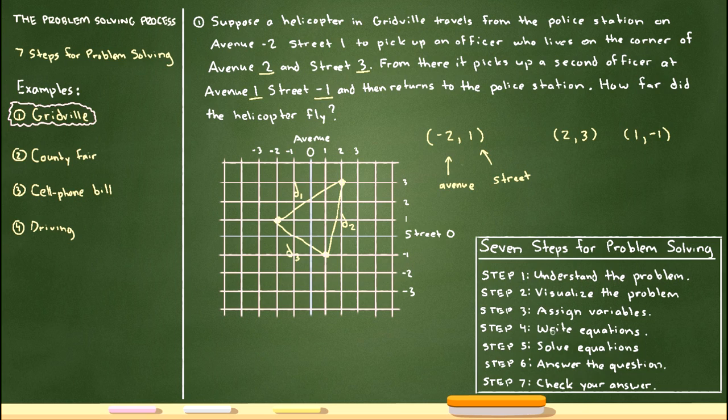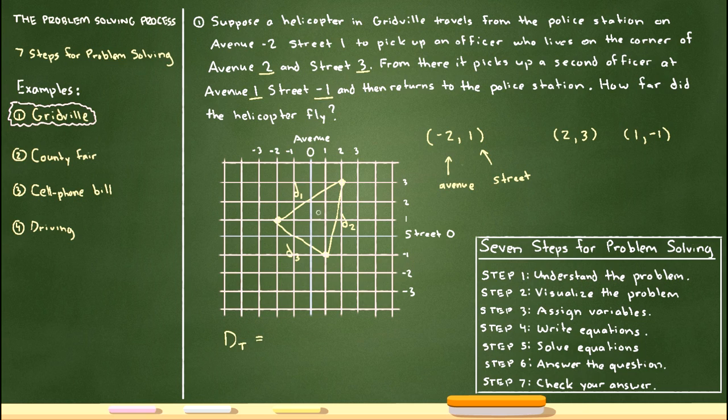Step 4 is we want to go ahead and write equations. Could we write an equation that relates to what we're trying to find? Well, perhaps I could write capital D, that's going to be my total distance. Let me write D sub t for total.